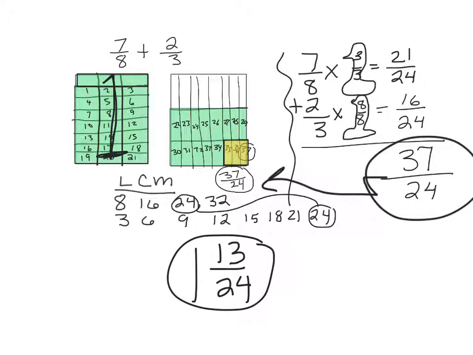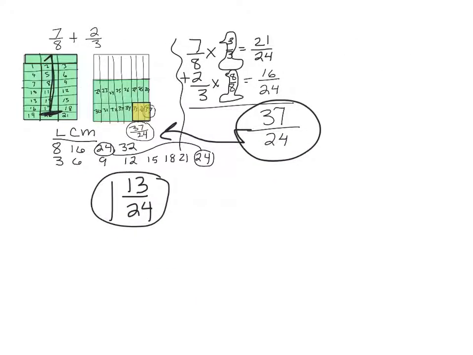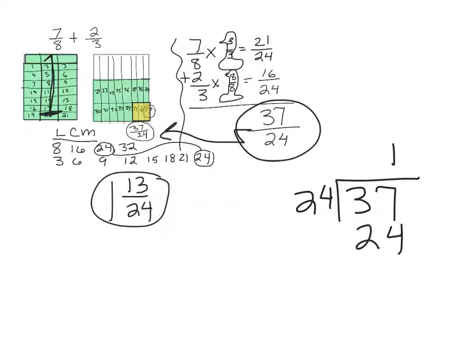Hey, when I talk about fractions, I always say you can say it in 3 ways: 37/24, 37 out of 24, or 37 divided by 24. And let me show you what would happen if I did 37 divided by 24. 24 would go in there one time, which would give me 24.